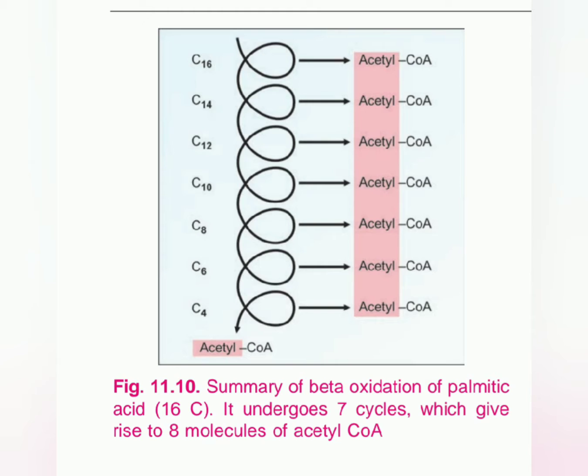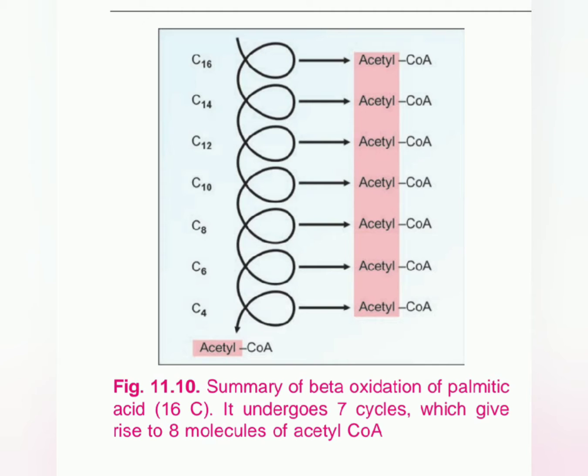Summary of beta oxidation of palmitic acid. The C16, that is the 16 carbon fatty acyl coenzyme A. When acetyl coenzyme A is removed from the C16, C14 is formed, and then C12, the 12 carbon atoms.